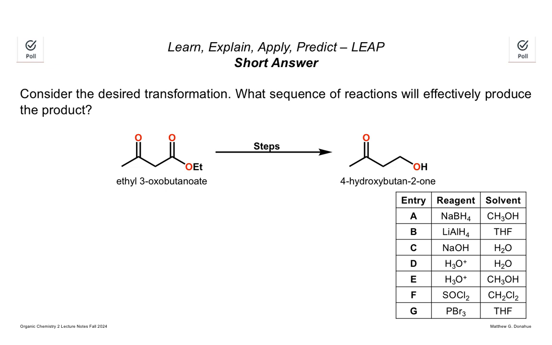But the issue here, as I'll write in blue, you have a ketone at oxidation state 2 and an ester at oxidation state 3. And you want to make this product where the carbonyl of the ketone's retained, but the ester's been reduced to 1.